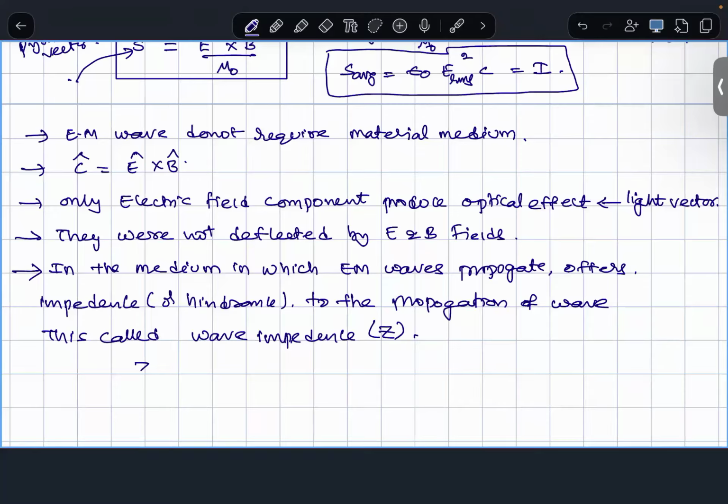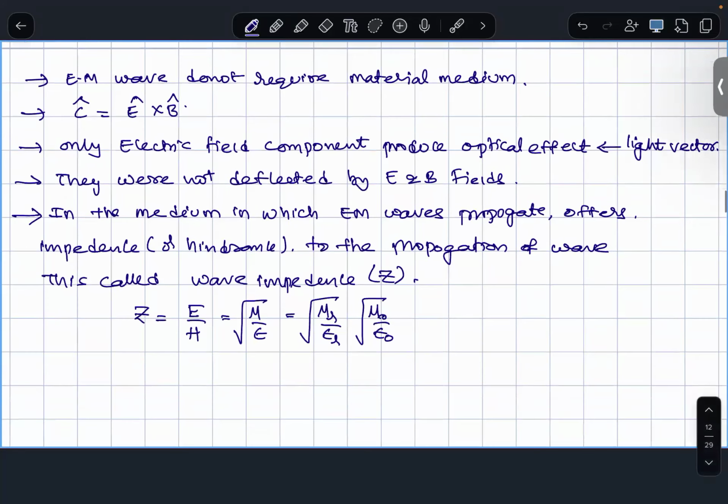For a medium, Z is given as E by H. H is the magnetizing field, not your B. And this is given by root mu by epsilon. It is given as root of mu r by epsilon r times mu naught by epsilon naught.